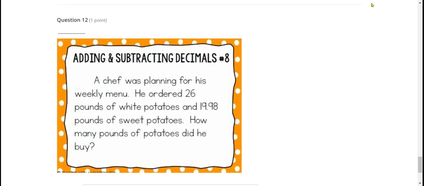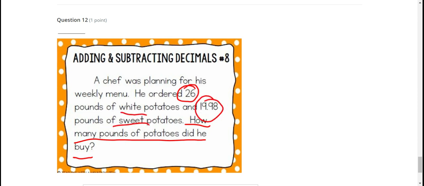And the last question for the homework assignment for today. How many pounds did he buy in total? So we got 26 pounds of white potatoes, almost 20 pounds of sweet potatoes. 26 and 19. Here we have a decimal place value of 98 hundredths.